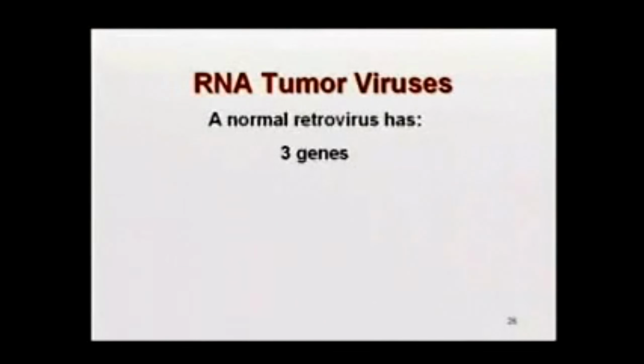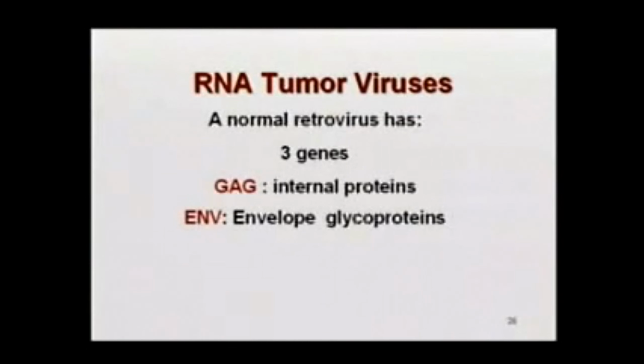One gene is called the GAG gene, which stands for group-specific antigens, and it really just codes for the internal protein. Another gene is called the envelope gene, and that codes for the envelope glycoprotein. There are usually more than one envelope glycoprotein. In fact, there are also many more internal proteins than one. So the initial primary translation product is cut up.